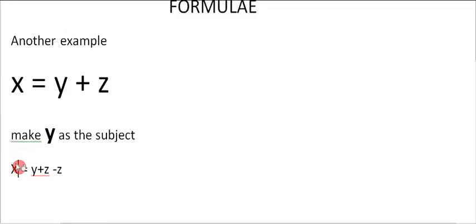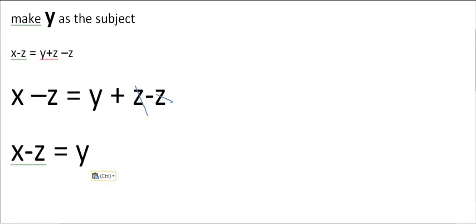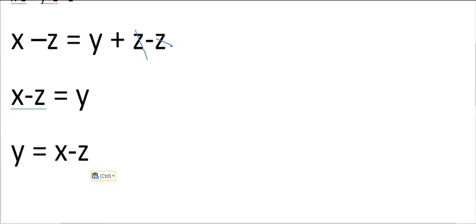Since you've subtracted z from the right hand side, you do the same on the left hand side, and z and z get cancelled, and you get x minus z is equal to y, or y comes on the right hand side and is equal to x minus z.